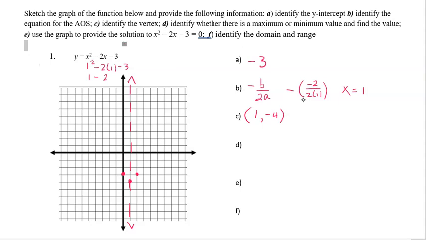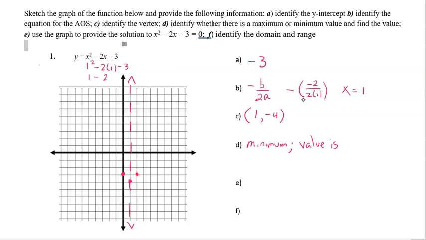Identify whether there's a maximum or a minimum value. Well, since the parabola opens upward, that puts the vertex on the very bottom. So in this case, we're going to have a minimum. And it says to find the value of the minimum. Well, the value of the minimum is whatever the y-coordinate of the vertex is.